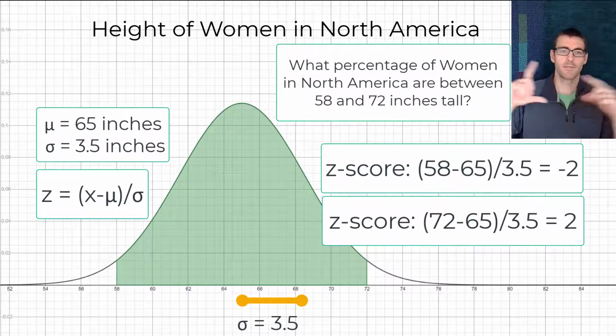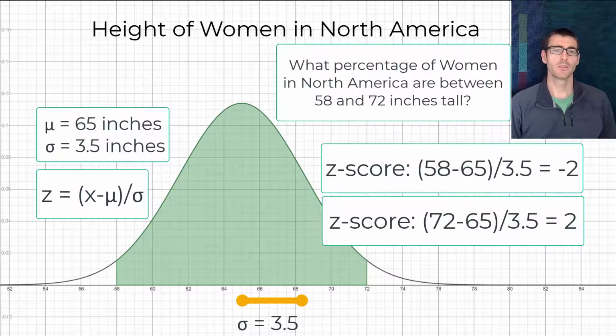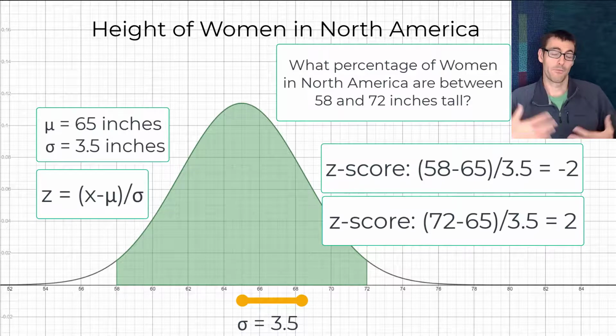Rather than having to specify which of the many normal distributions we're talking about, what we're really focused on is the proportionality of this distribution. So the question of what percentage of the distribution lies between z-scores -2 and +2 is just a fundamental question about the form of a normal distribution.